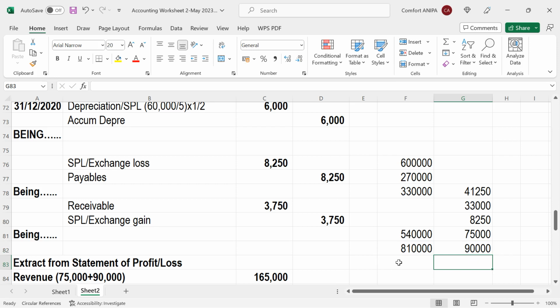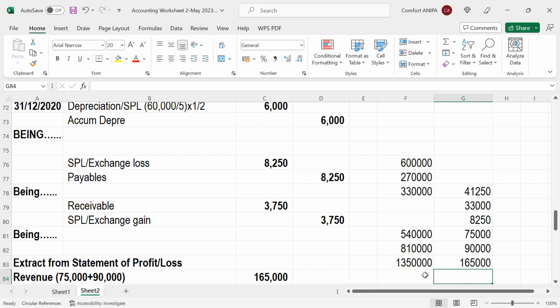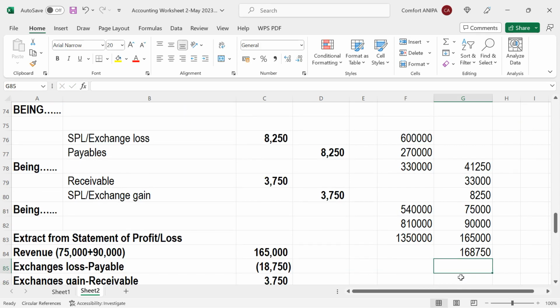In total, our sales in foreign currency is 1,350,000, and the cedi equivalent in the books is 165,000. At the year end, we translate the 1,350,000 at the closing rate of 8, and that gives us 168,750.